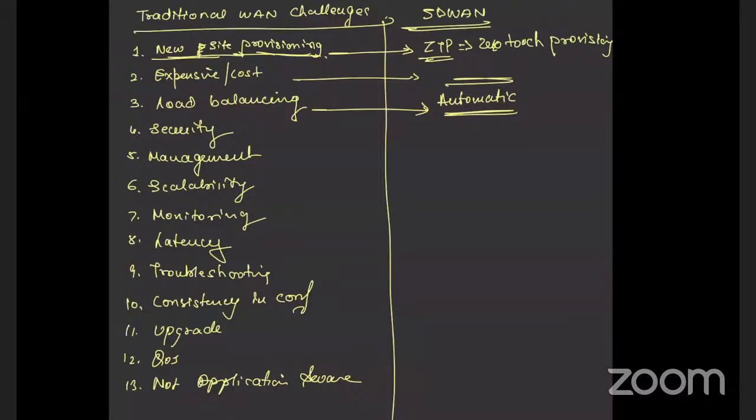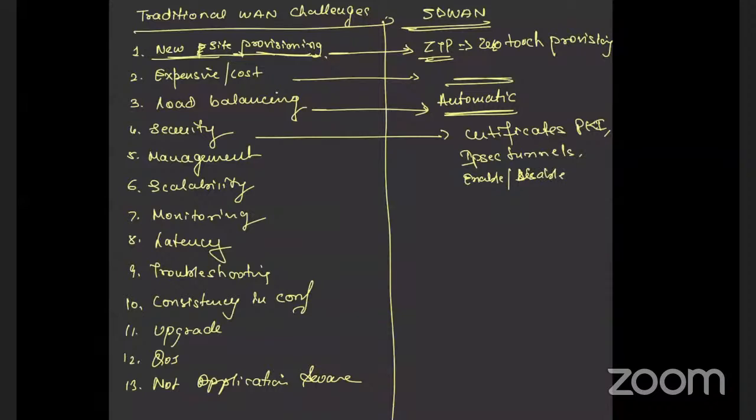Related to security, again, you will have a lot of security mechanisms. You will get the certificates, PKI infrastructure. Here you will get your IPsec tunnel. You can enable or disable services on your edge device. So a lot of security measures are there.